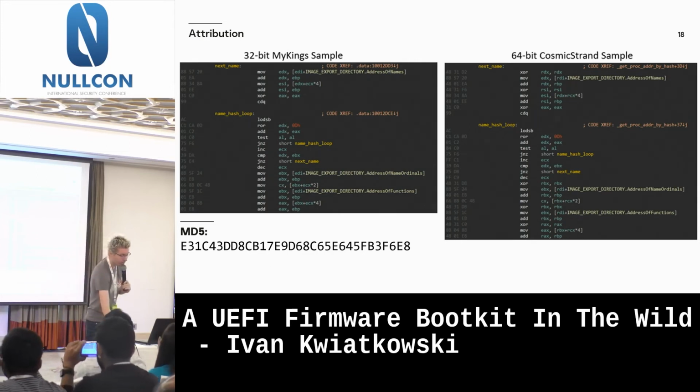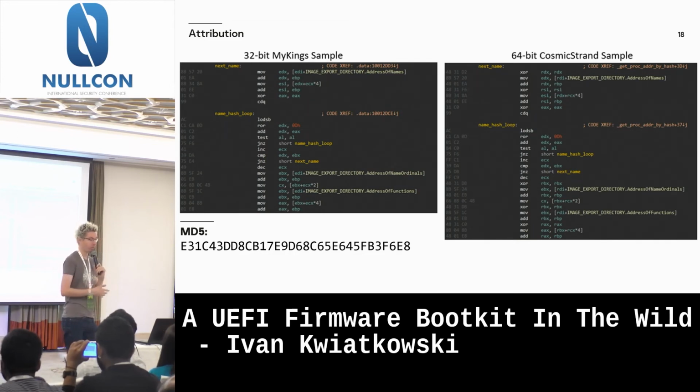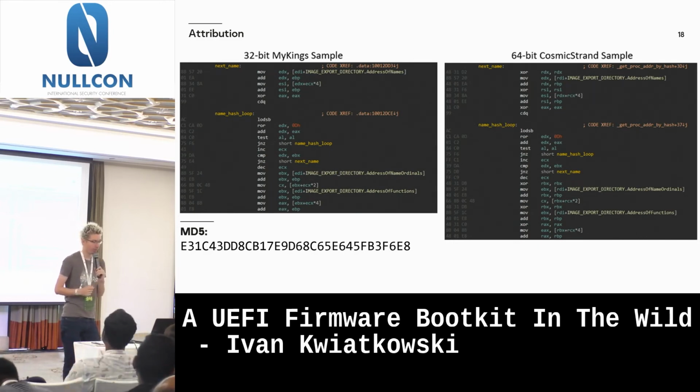For instance, we have particular code patterns that exist in almost identical form between CosmicStrand and a crypto mining botnet called MyKings, which was researched by Sophos. In Sophos' analysis, there are a number of artifacts in Chinese language left in the MyKings botnet that could indicate that it could be from Chinese-speaking threat actors or originate in that region.